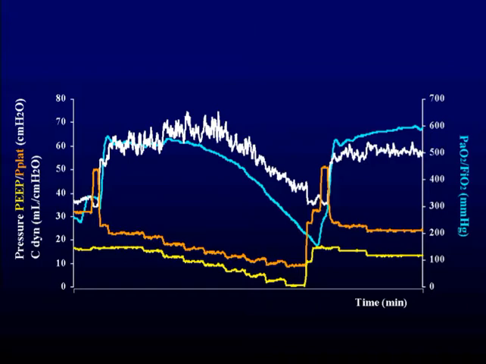So what we first did was a recruitment maneuver. In this case, we went up to a pressure of 50 with a PEEP level of about 18. The result was immediately seen with an increase in oxygenation and a decrease in compliance when pressures were reduced. And then we looked at the decremental PEEP trial, which is the same as looking at the deflation limb of the volume-pressure relationship.